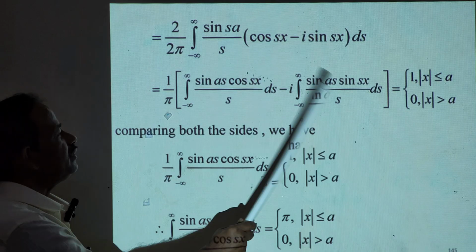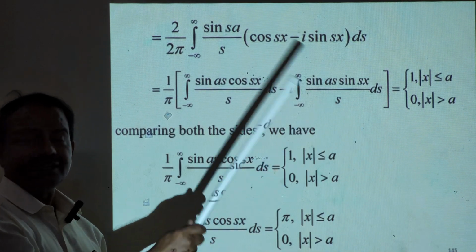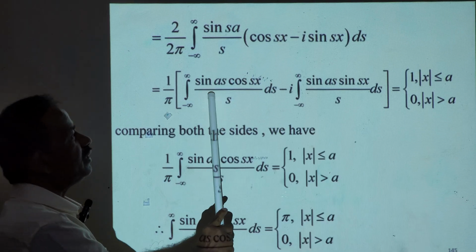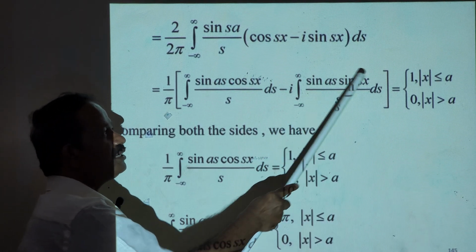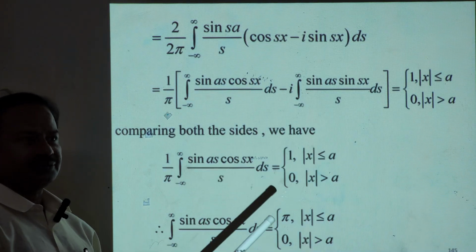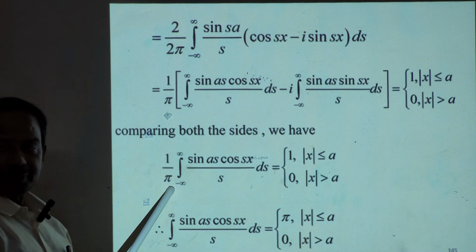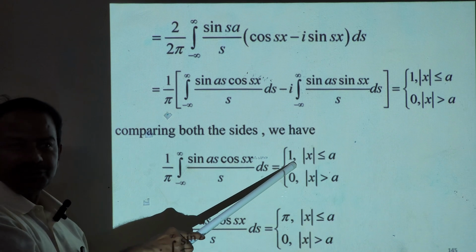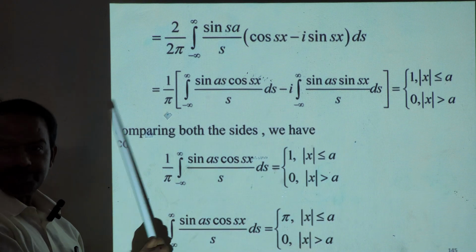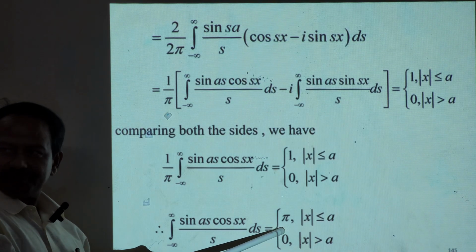Now, comparing both sides, you have to compare real with real and imaginary with imaginary. There is no imaginary term here, so it is 0, and we only compare the real term. So the integral of sin sa cos sx by s equals 1. Comparing the real term, pi multiplied by 1 gives pi.